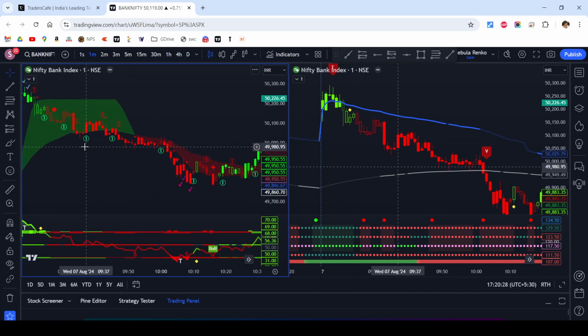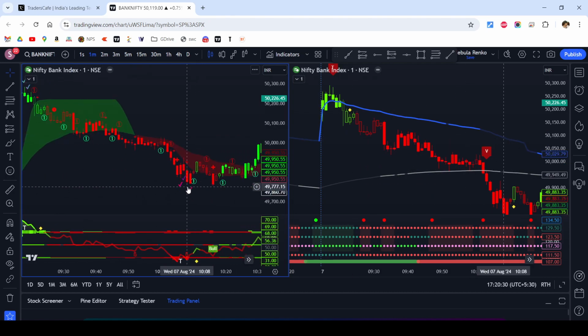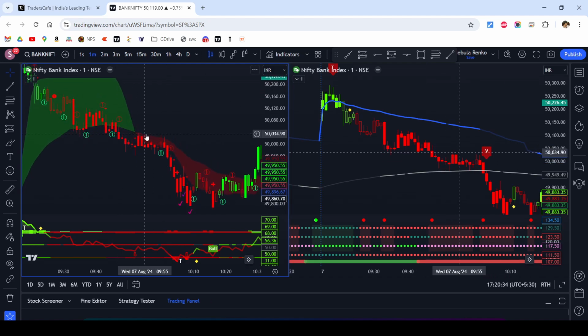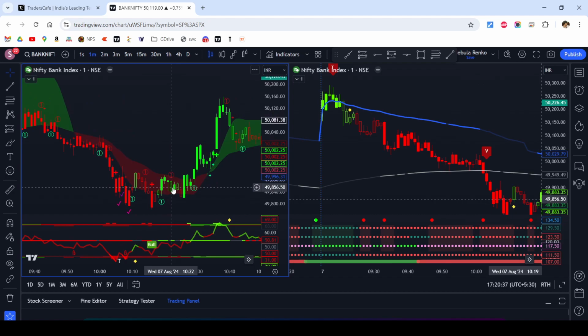the system will have only three types of candles. One, bright reds, two, bright greens, and what we call dim candles. These are the candles that do not have strength.